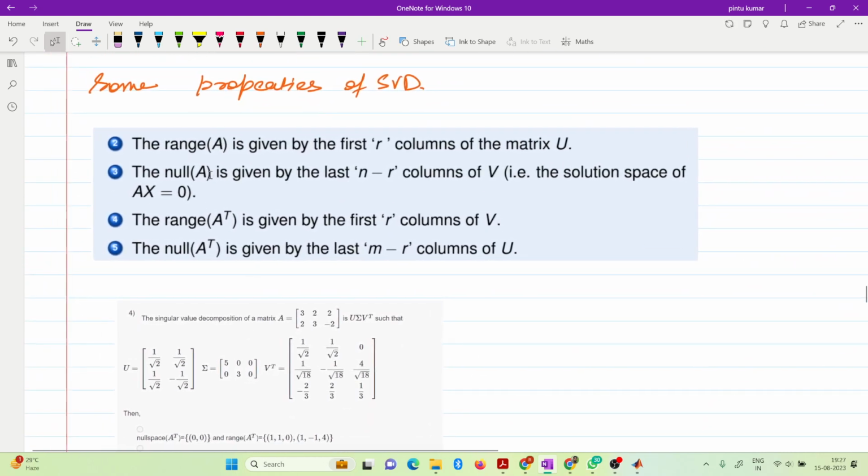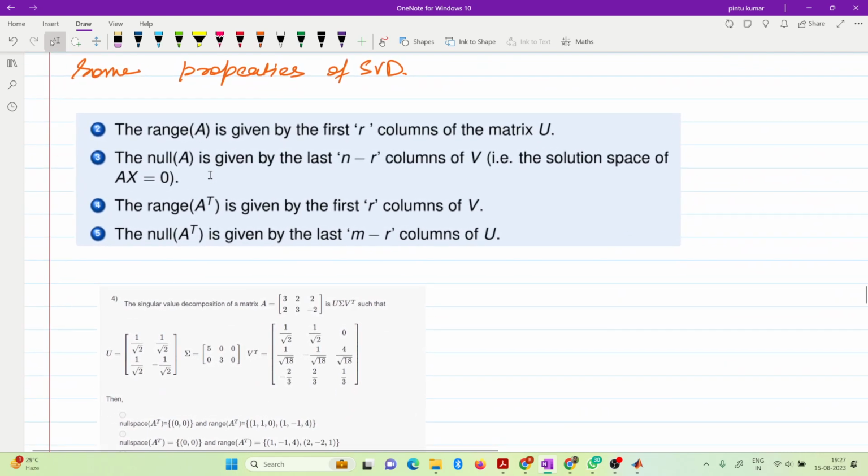Now, getting back to the properties related to singular value decomposition. Say you have a matrix A given by U sigma V transpose.